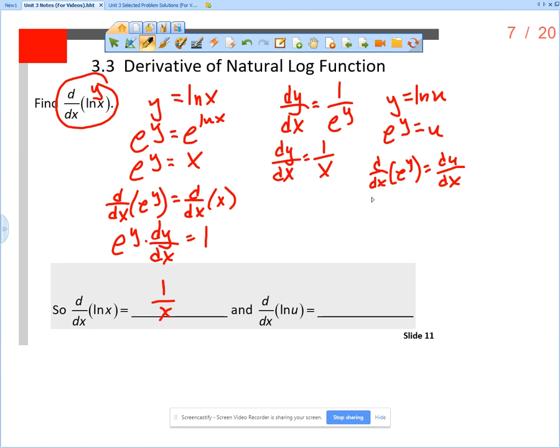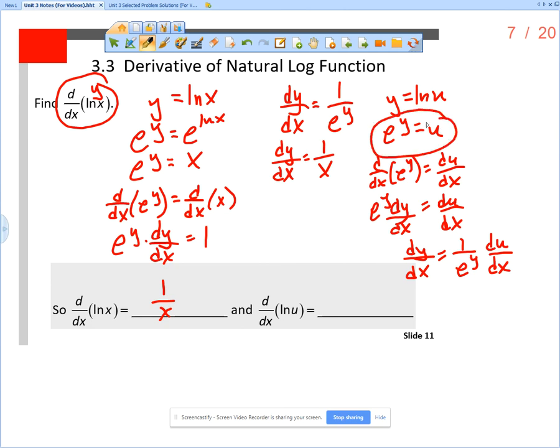Now the derivative with respect to x of e to the y is e to the y times dy/dx, so that equals du/dx. Now I'm going to divide by e to the y, so dy/dx is equal to 1 over e to the y times du/dx. And e to the y, if you look back up here, is equal to u.